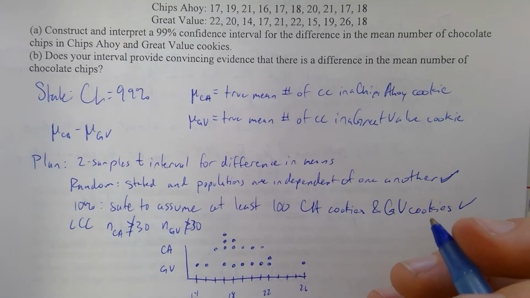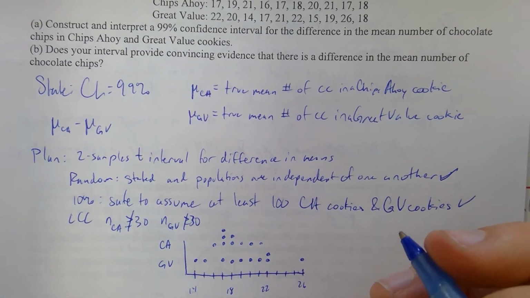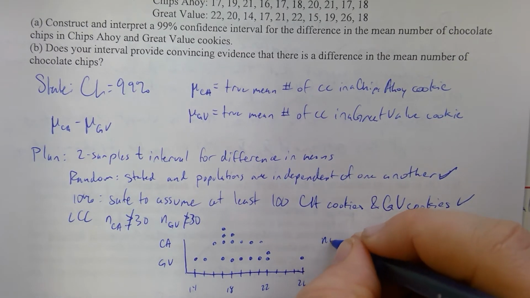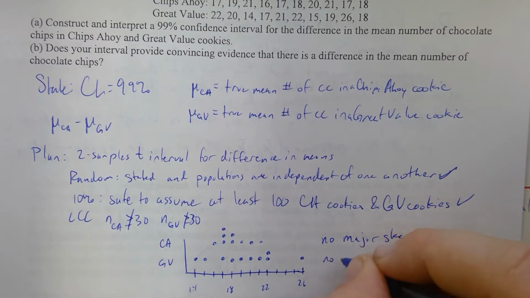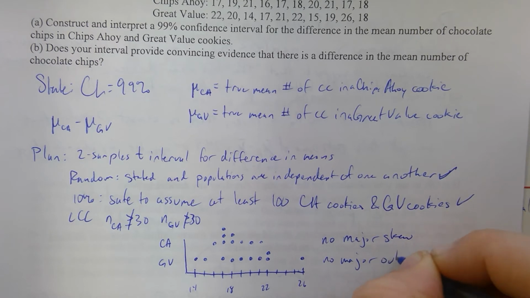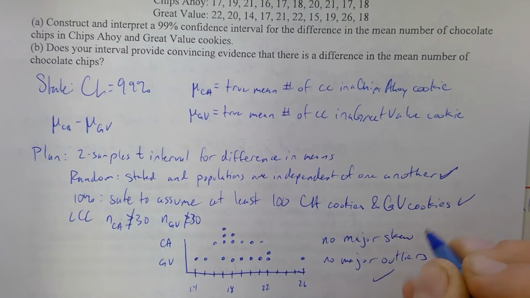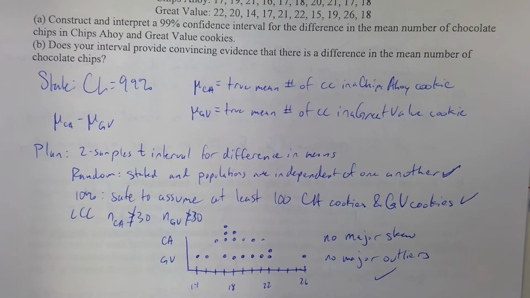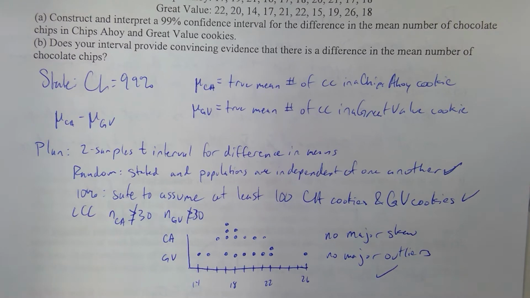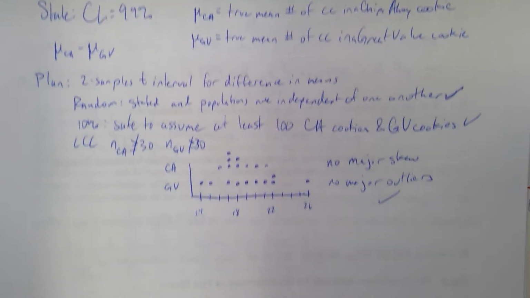Okay, a bit more spread out, but once again, it doesn't look like there's any major skew. So no major skew, no major outliers. So that meets our normality check for LCC. Okay, so let's go ahead and do the do.